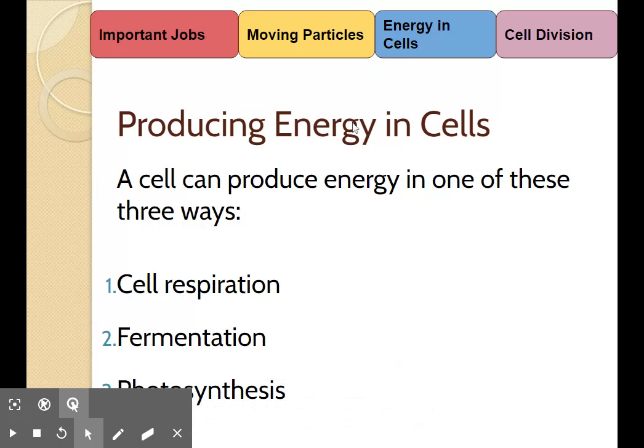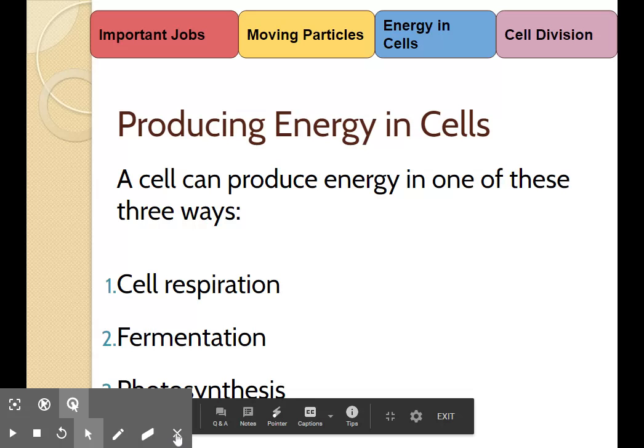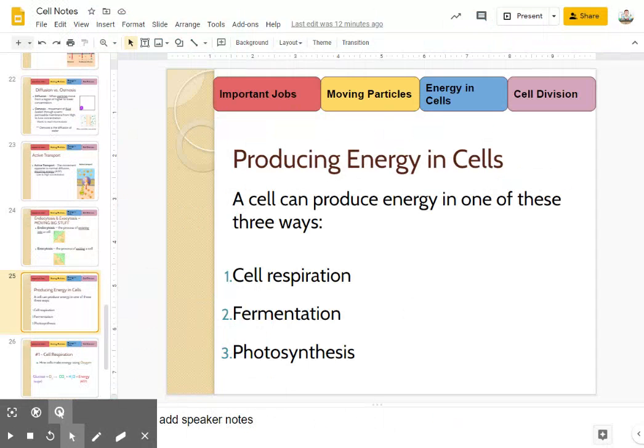So, producing energy in cells. Now, cells have to make energy. That's how your body moves. That's how your body does anything. That's how your body functions, is producing energy in your cells. So when we have to produce energy in our cells, we can now talk about cell respiration, fermentation, and photosynthesis.